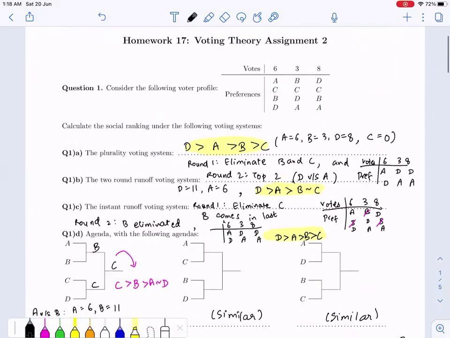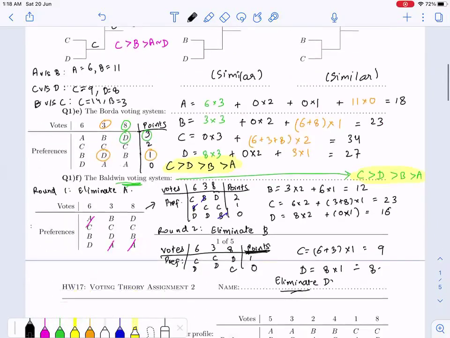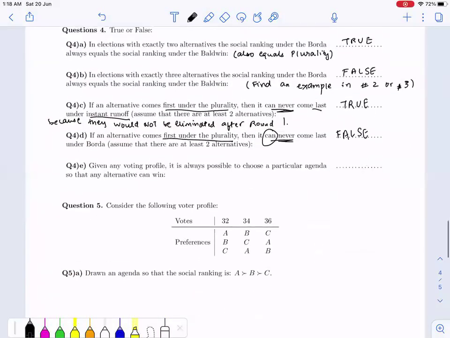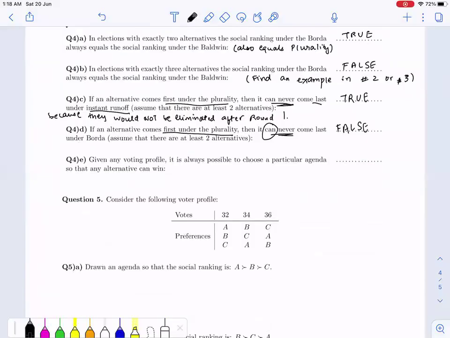For plurality, D came in first, but BODA, okay, D came in second, not last, but it can happen. Sorry, just running out of good examples here. But yeah, it can come last under BODA.